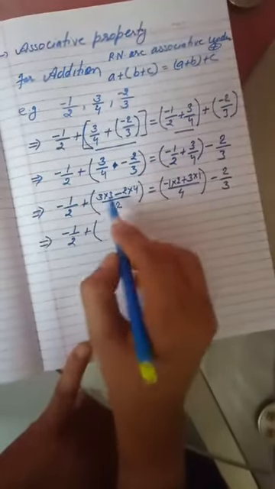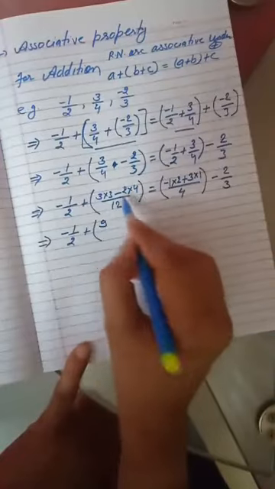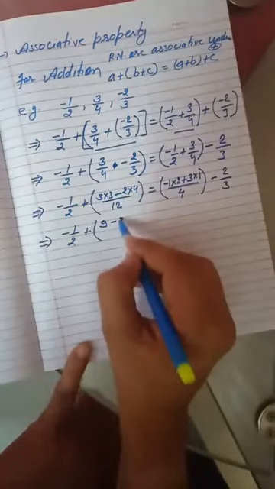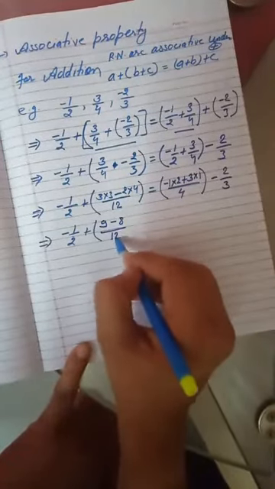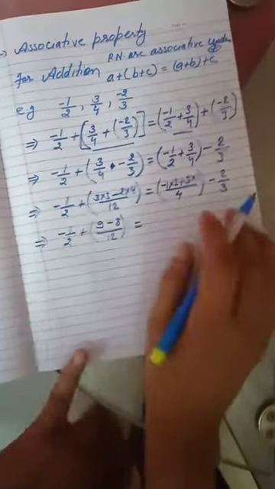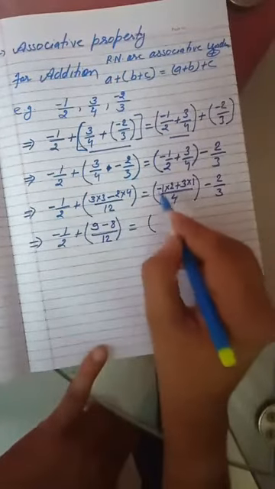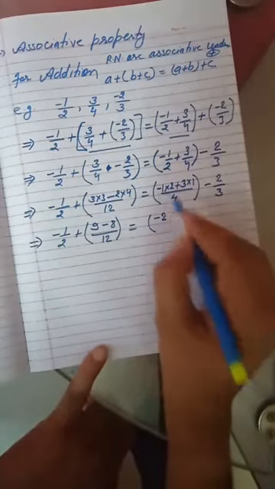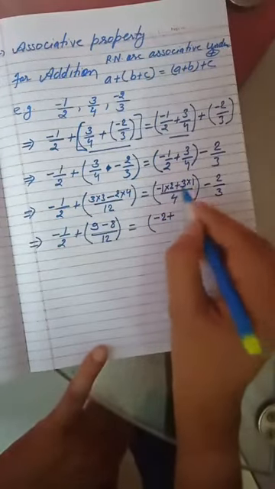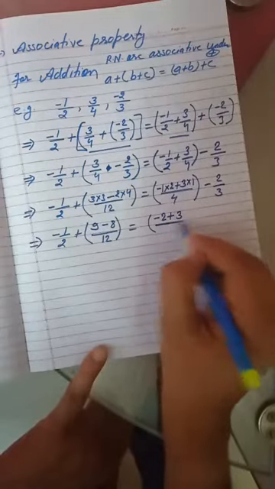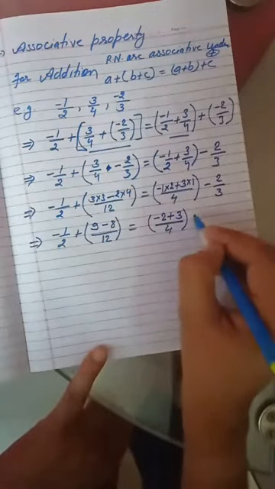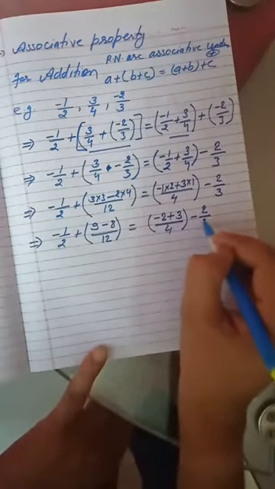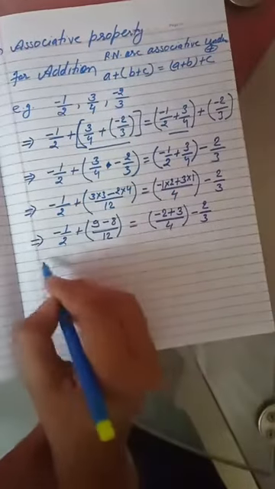This bracket 3 into 3, that is 9, minus 4 into 2, 8 divided by 12, is equal to, again this bracket minus 1 into 2, it is minus 2 because one number is minus, plus 3 into 1, 3 divided by 4, minus 2 upon 3.